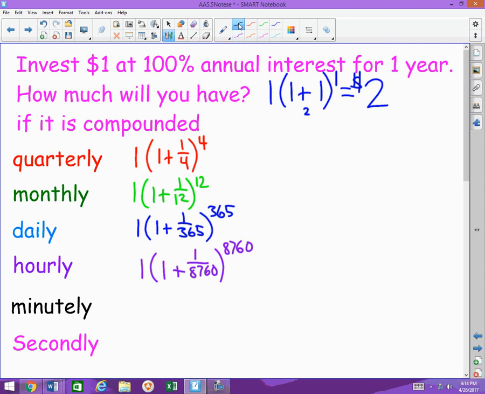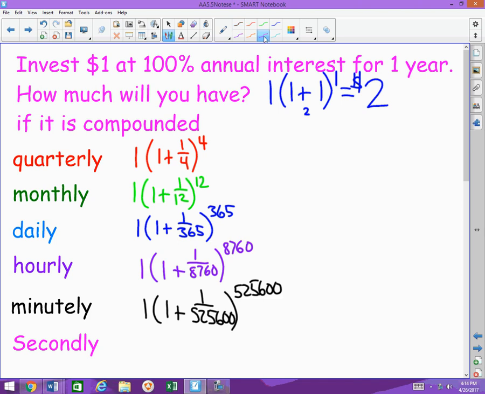Minutely, well, that would be 1 times 1 plus 1 over 525,600 to the 525,600. That one you should just know. If you've ever gone to the movie Rent or the play Rent, you would hear that in a song. Look it up if you're not sure.